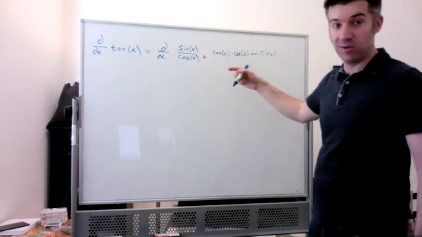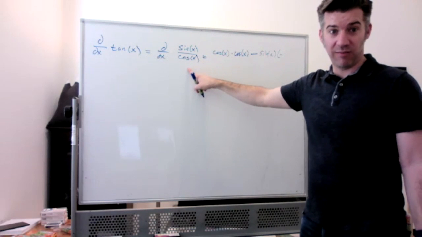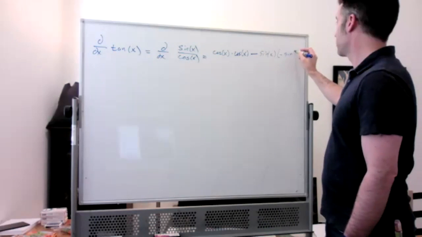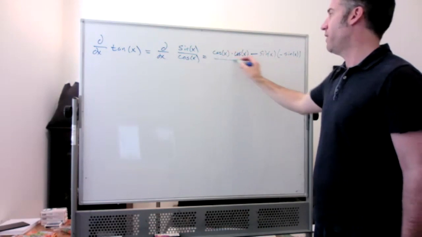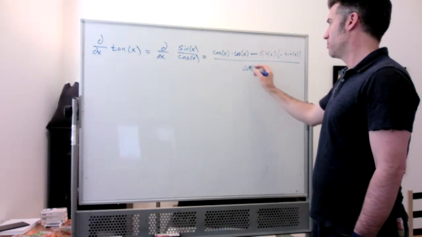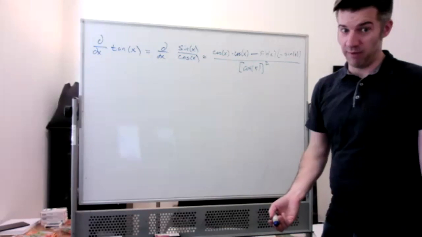Sorry, the derivative of cosine is negative sine of x. All divided by the bottom squared. And then we simplify it.